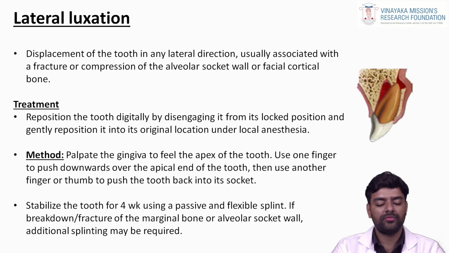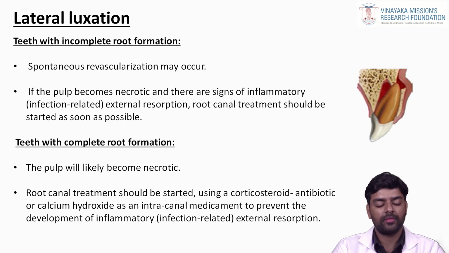Then stabilize the tooth for 4 weeks using a passive and flexible splint. If there is breakdown or fracture of the marginal bone or alveolar socket wall, additional splinting may be required. For teeth with incomplete root formation, the main focus is that spontaneous revascularization may occur.